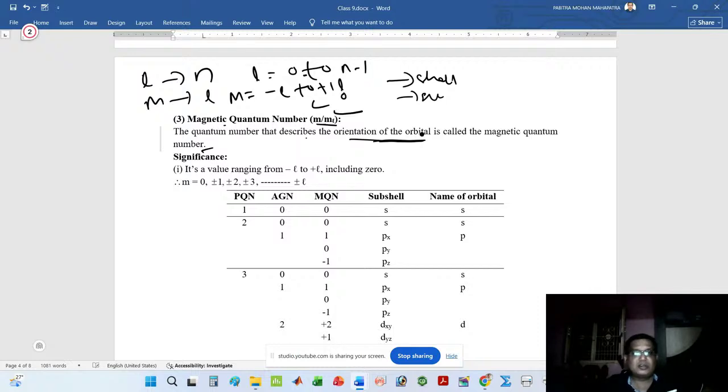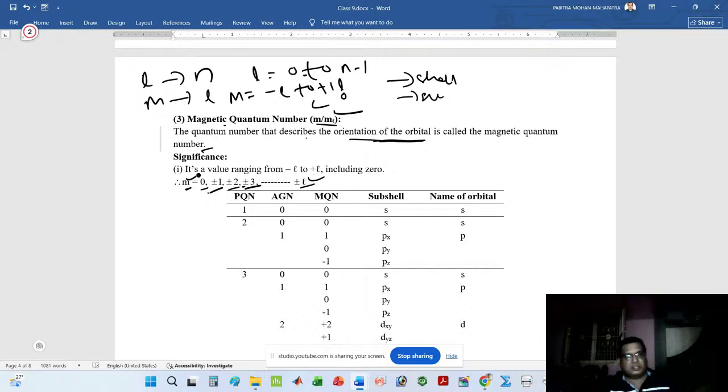That means you can write the value of m as 0, plus or minus 1, plus or minus 2, plus or minus 3, up to plus or minus L. Here m is the magnetic quantum number, and L is the azimuthal quantum number.